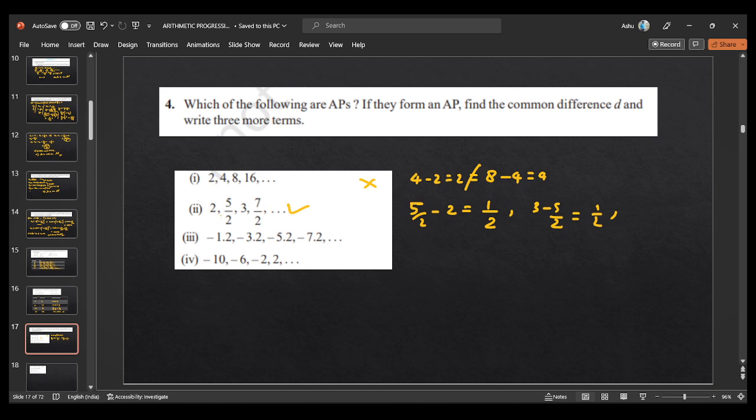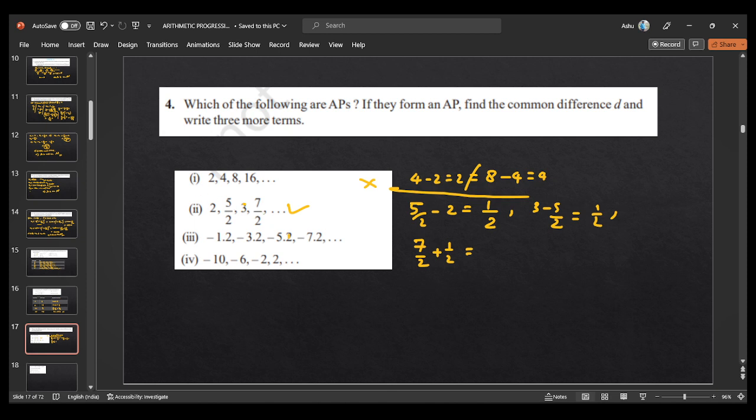Now, if it is an AP, then we should find out the next 3 more terms. It will be 7 by 2 plus 1 by 2.